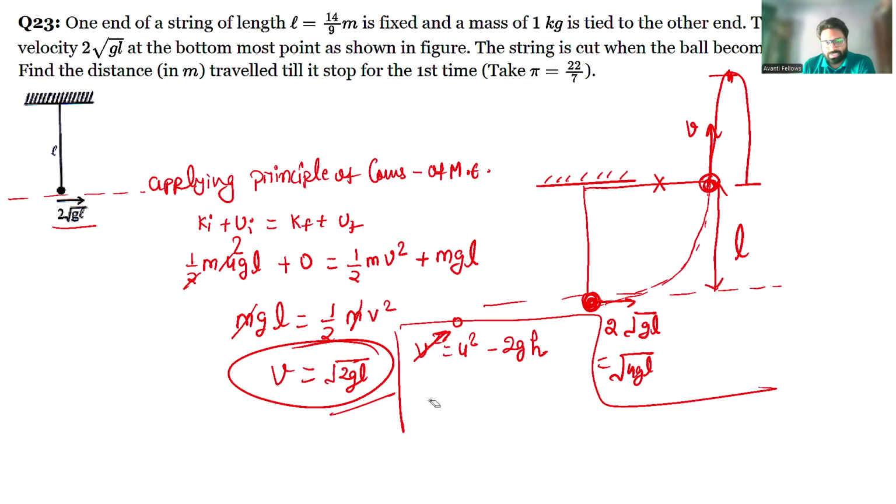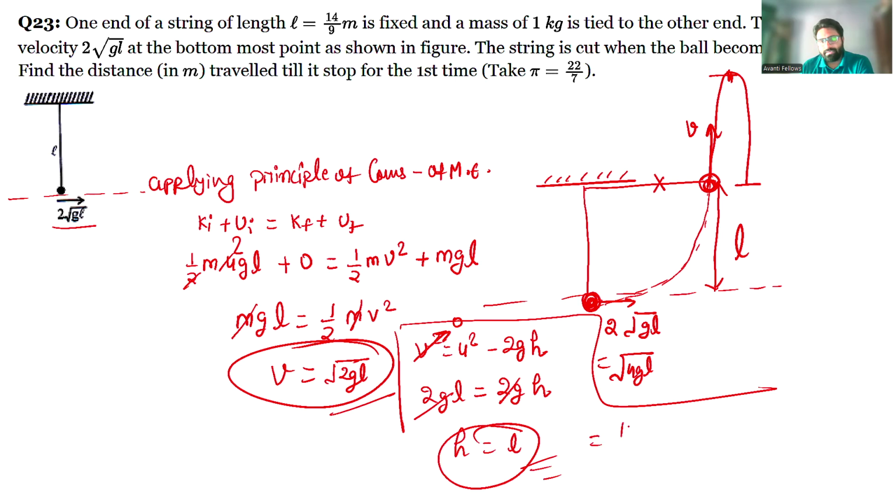So it is root 2gl, whose square will become 2gl, equals to 2g into h. 2g and 2g will cancel out, h is coming out as L. So L is nothing but 14 by 9. So 14 by 9 meter is this distance when the string is cut.